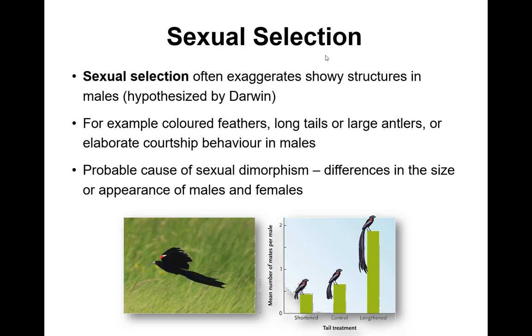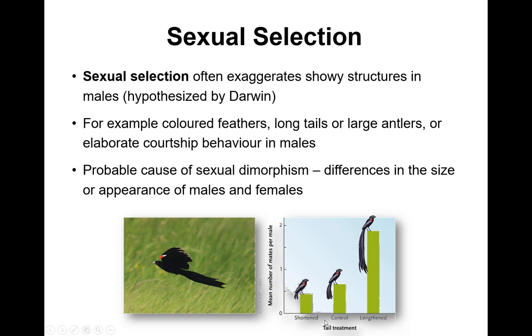This was already hypothesized by Darwin, but basically this is what you observe in different animals, where you have sexual dimorphism, where you see that males, for example, start having some enhanced structures in order to attract mates. It's exactly the consequence of non-random mating. There are certain things that attract the female, and therefore the male, between brackets, adapts and undergoes sexual selection, pushing these dimorphic traits, like a long tail, for example, in this bird.